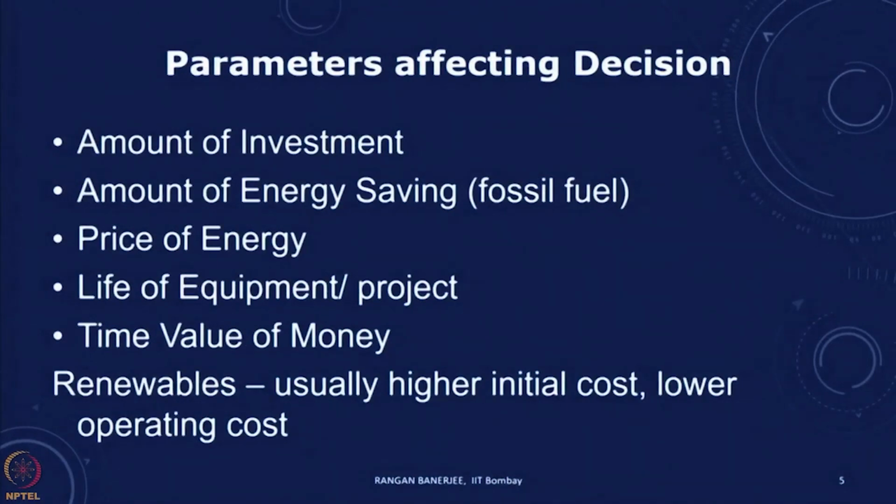If we have to invest more, then we need to look at what kind of savings are obtained. The other parameter is the amount of energy saving, and in most cases we are looking at fossil fuel being replaced by renewable or fossil fuel being saved. So, how much is the amount of energy saving? What is the price of the energy? The amount of energy saving multiplied by the price of energy will give you the annual savings, and then you compare the investment with the savings.